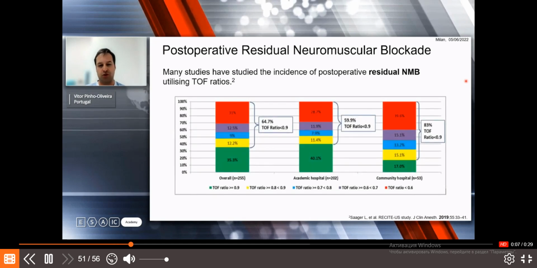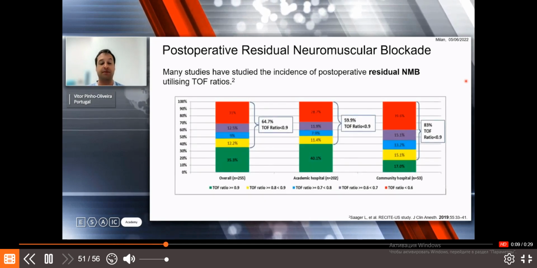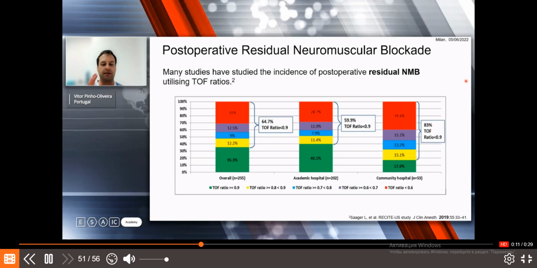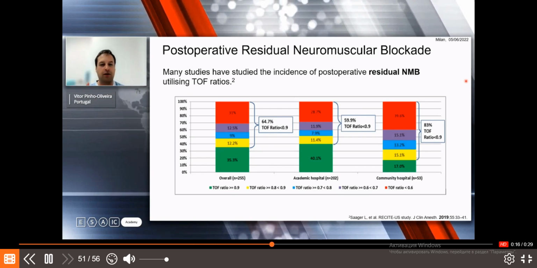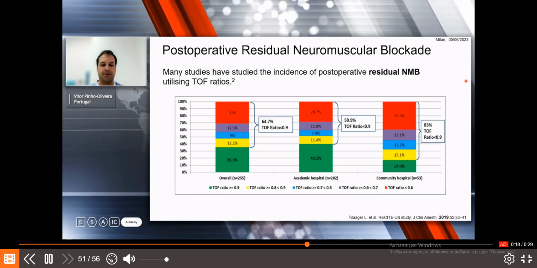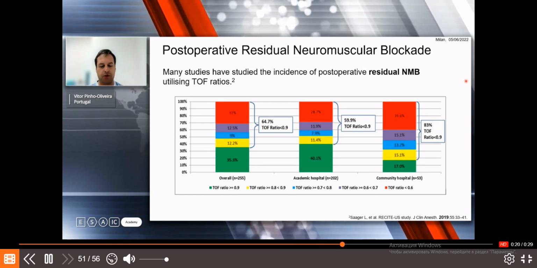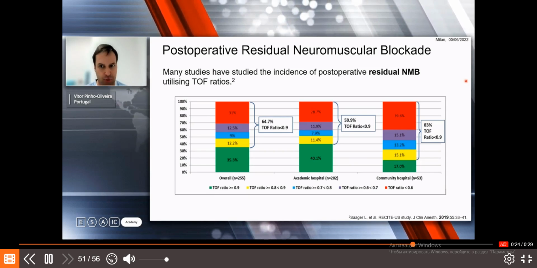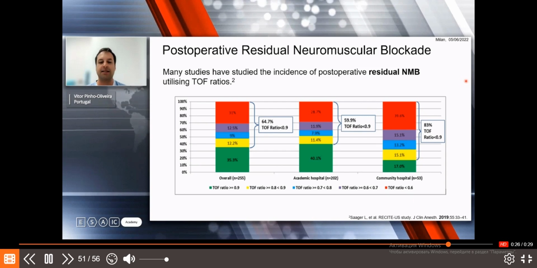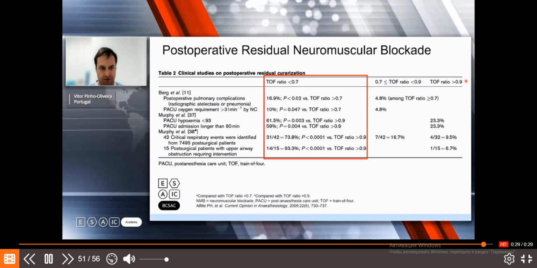This most recent study from 2019, 40 years after that, the Viby-Mogensen study, shows that overall 65% still arrive at the recovery room with the TOF ratio below 0.9. So this is still a problem. This is still a pandemic that we must be aware of.